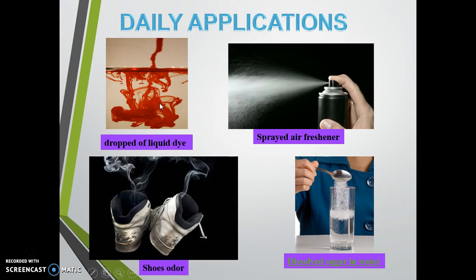So then you will have syrup in water. Then, sprayed air freshener. This kind of application is like different partial pressure. In this air freshener there is high partial pressure, and this high partial pressure will move to lower partial pressure, which is in our environment, such as shoe odors. And also dissolving sugar in water.